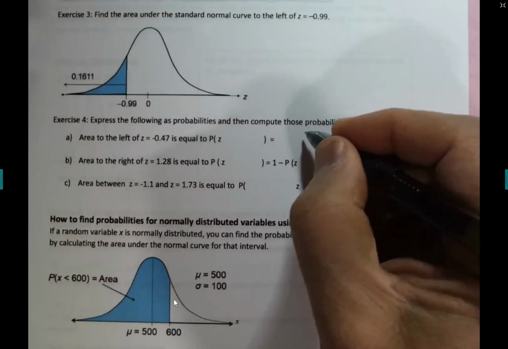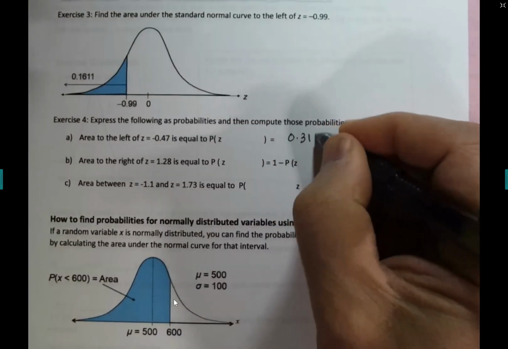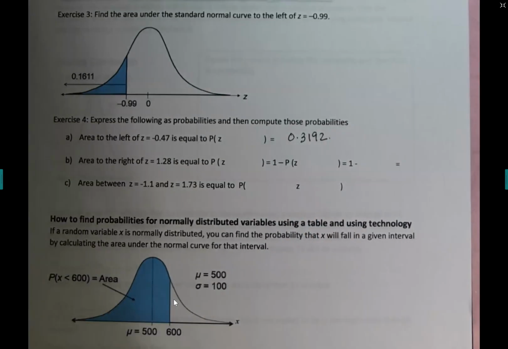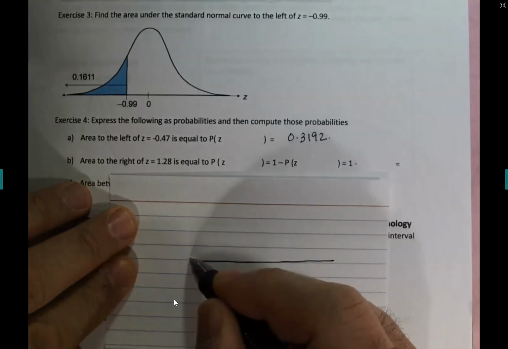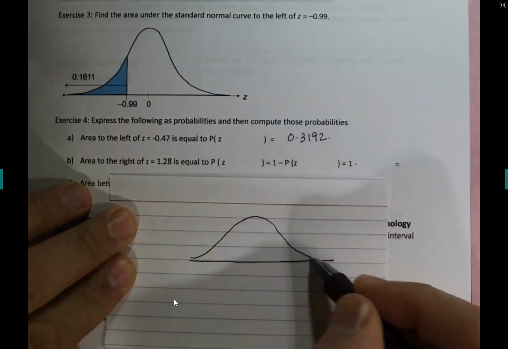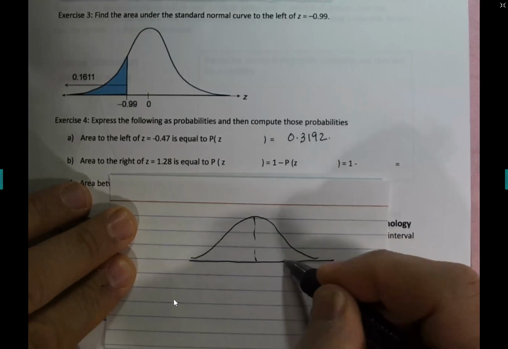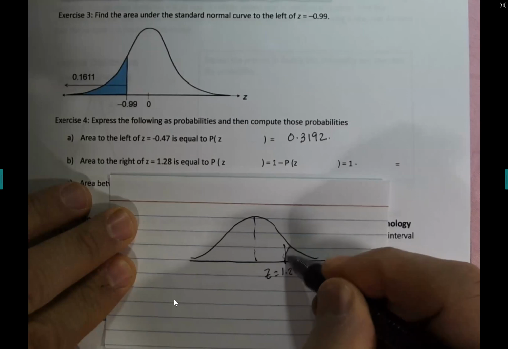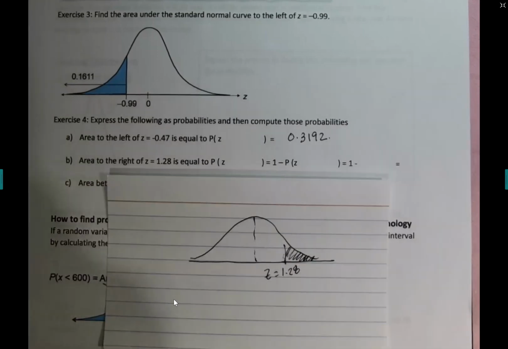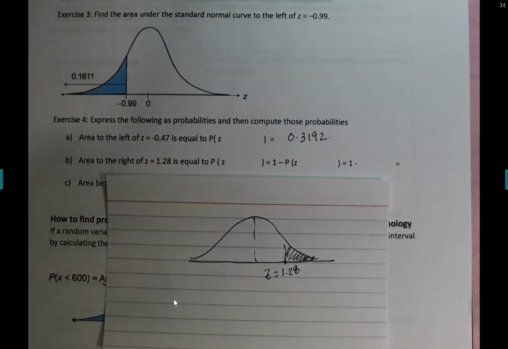I'm just going to put the answer now and then we'll fill out the rest. Find the area to the right of z equals 1.28. I'm going to sketch it first, just to show you what I mean by the right. And 1.28, just put it here. And the area to the right. Okay, let me take you to the positive part of the table.